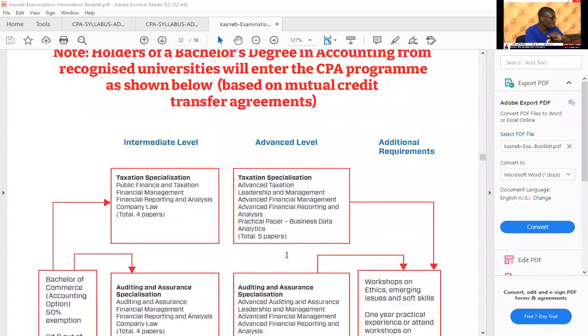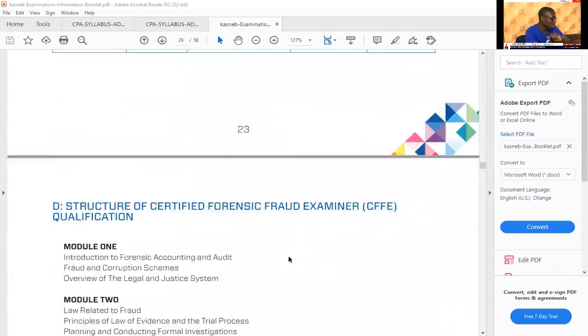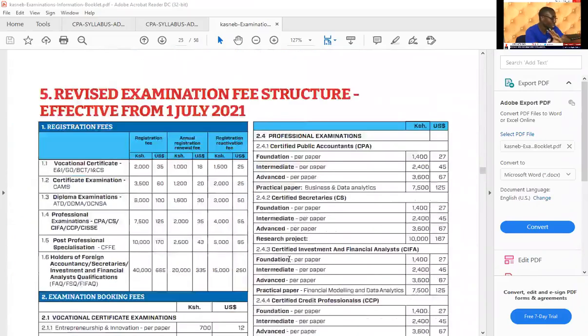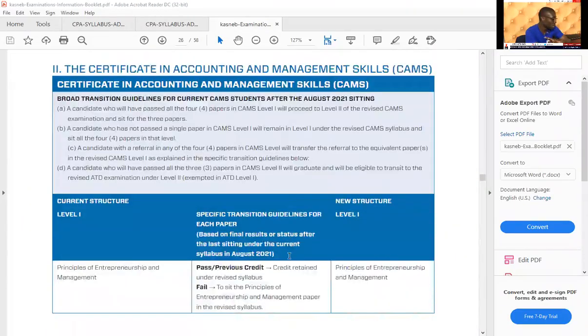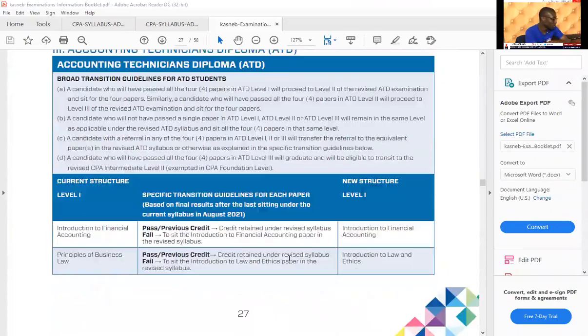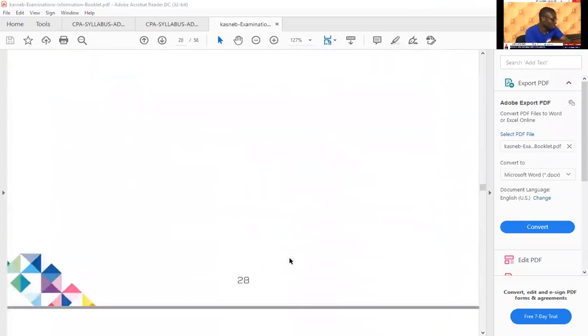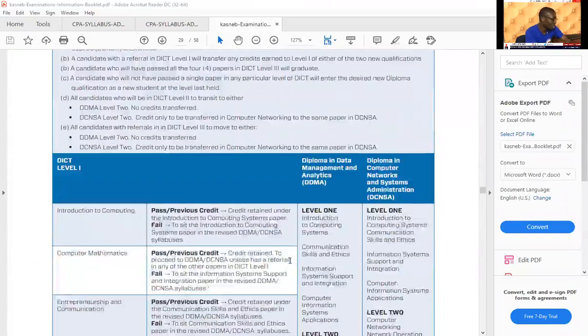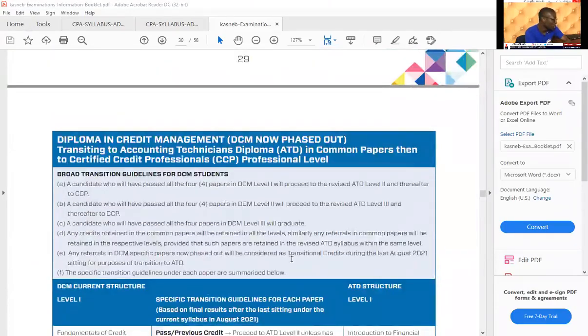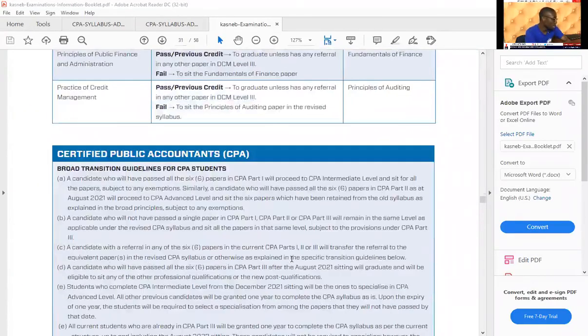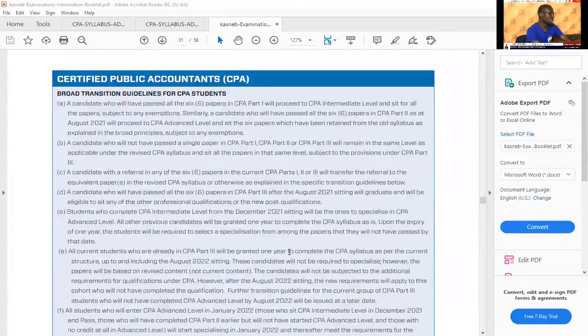Then, looking at the transition part now, I've said today I'll be talking specifically about CPA, and maybe also touch on something in regard to ATD. Looking at certified public accountants, these are the real transitions which you must understand very well.